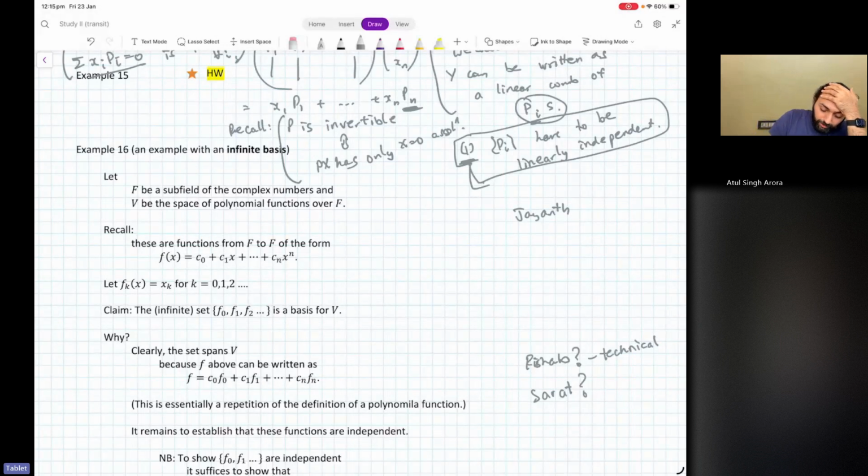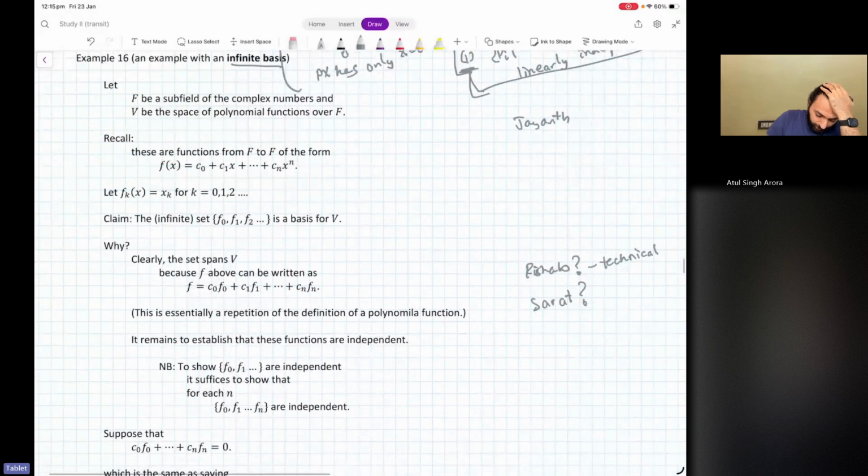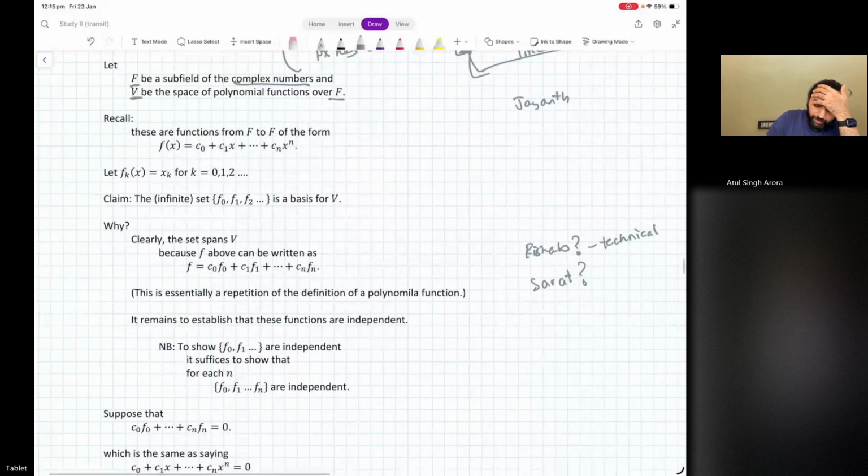Okay, so example 16 is basically an example that considers infinite bases. Okay, so let F be a subfield of the complex numbers. Okay, and let V be the space of polynomial functions over capital F. Okay, so polynomial functions, remember, are of this form, that you have some coefficients and you have some sum over the different x's, right?